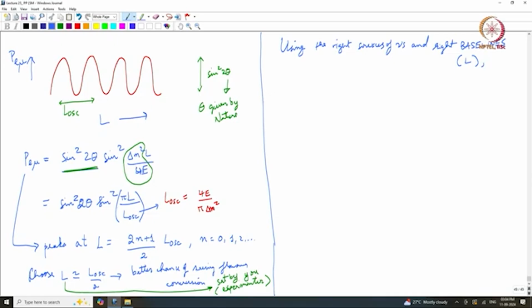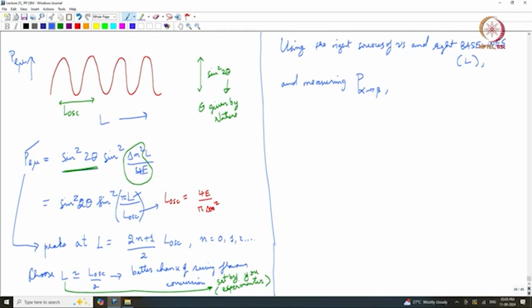We got this by measuring probabilities of one flavor converting to other. What else is left? We got this, we got this. So we got the L at the right baseline around the oscillation length, by seeing the highest probability conversion, right?